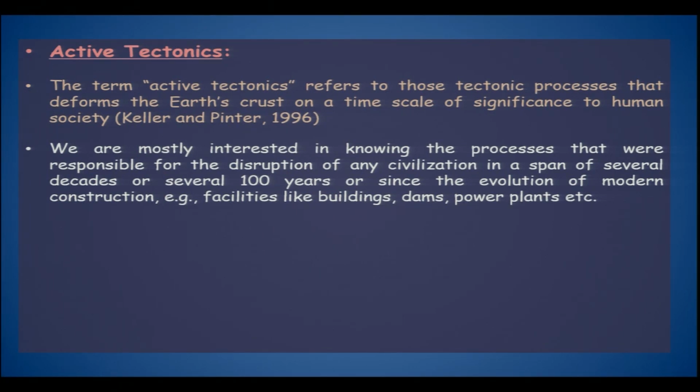Mostly we are interested in knowing how such processes have affected, and whether they were or will be responsible for disrupting any major civilization, or for damaging the buildings and lifeline structures like schools, hospitals, dams, power plants, etc.